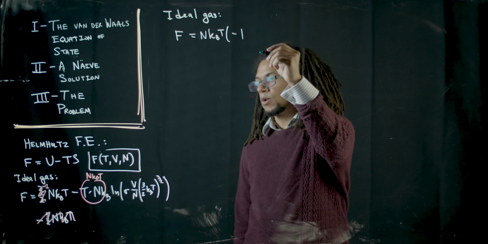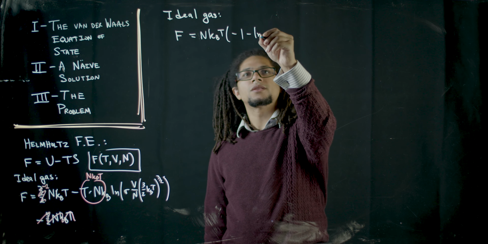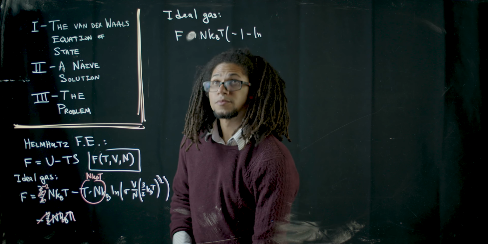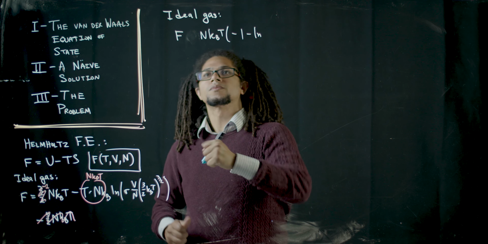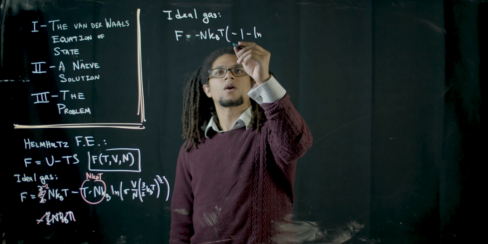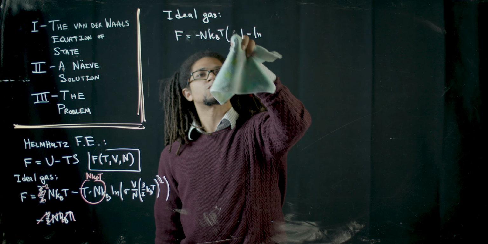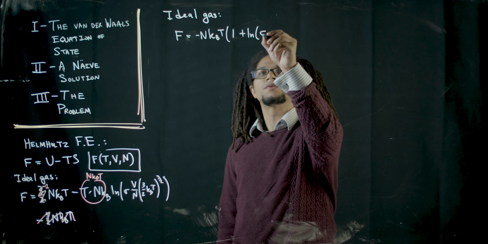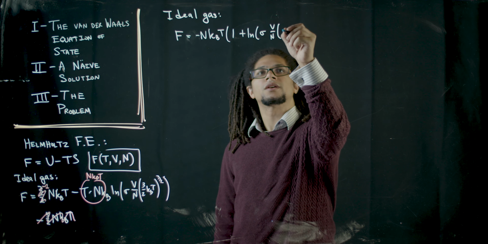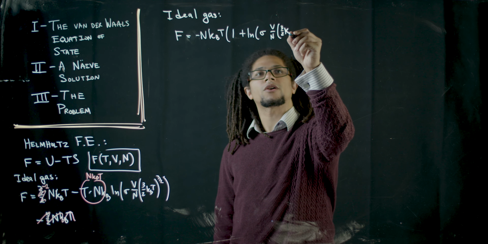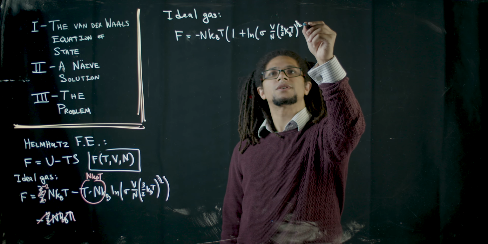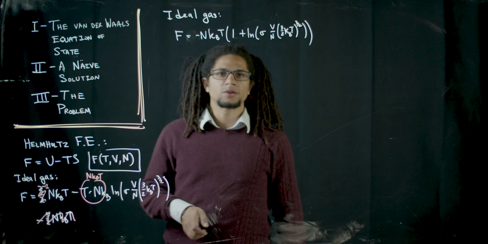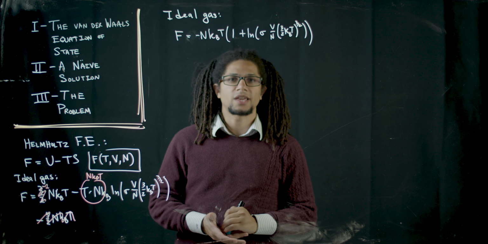Then we get -1 minus log of, or maybe I'll just factor out an overall minus sign. Okay, so then this becomes just 1 plus log of sigma V over N, kBT, sorry, to the 3/2. Close that, good. And this is the free energy, the Helmholtz free energy, I should say, for the ideal gas.